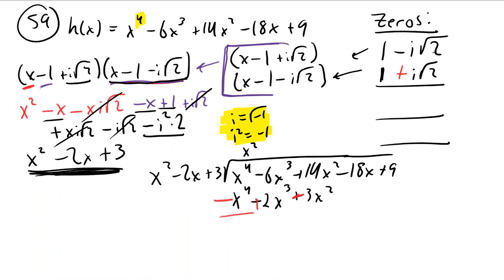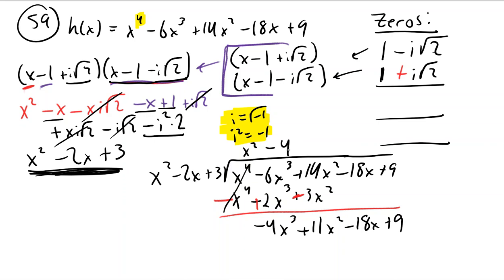Change the signs and add. Okay, and then start the long division process over again.